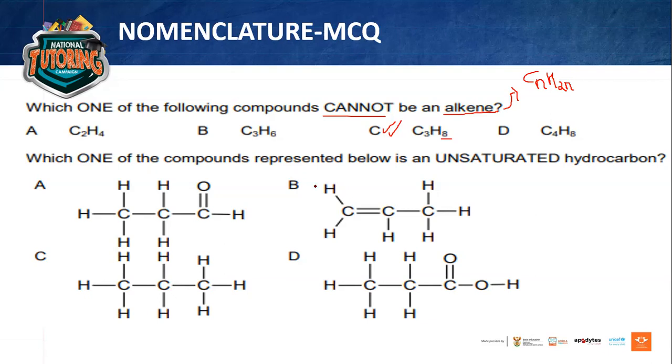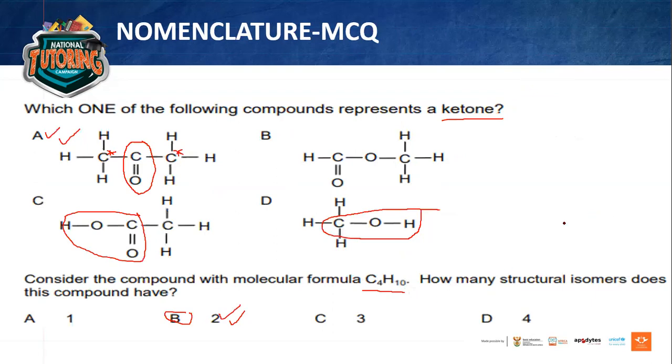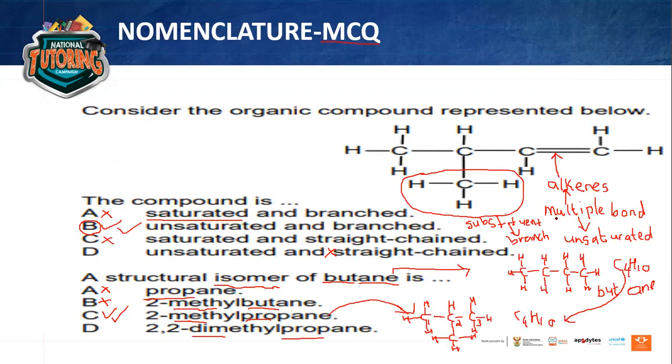Which one of the compounds represented below is an unsaturated hydrocarbon? Now, just to go back, remember, if it is unsaturated, we are going to see what? A multiple bond between carbon atoms. Very important, not just multiple bond, a multiple bond between carbon atoms.